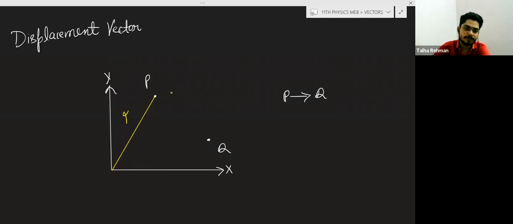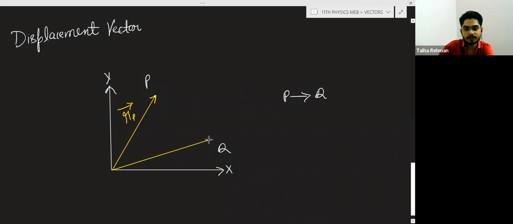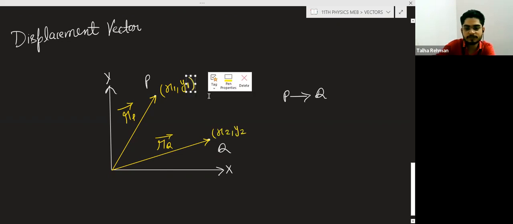Suppose this vector is the position vector of point P, and this is the position vector for point Q. Suppose this point has coordinates x1, y1, and this point has coordinates x2, y2, and take one more coordinate, the z coordinate also: x1, y1, z1, x2, y2, z2.